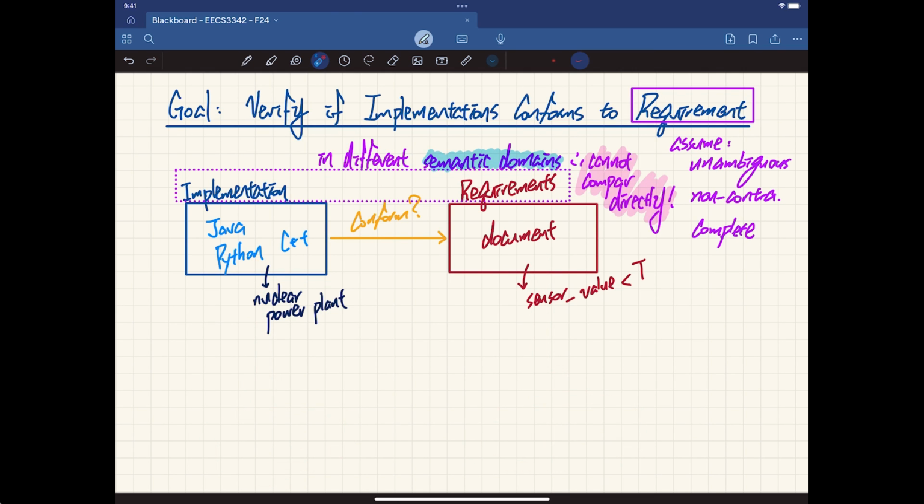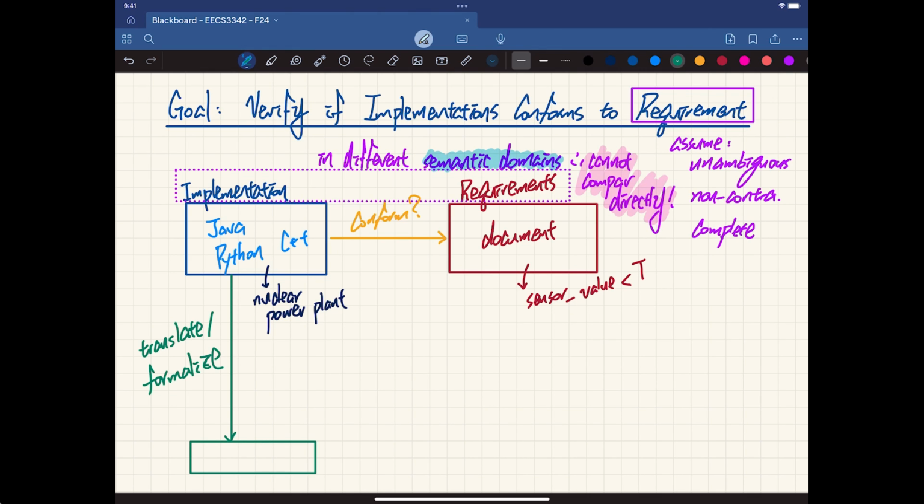Okay, let's now sketch this out. So what we can do right now is we can translate, or you can say formalize, either way, this into some formal spec or formal model.